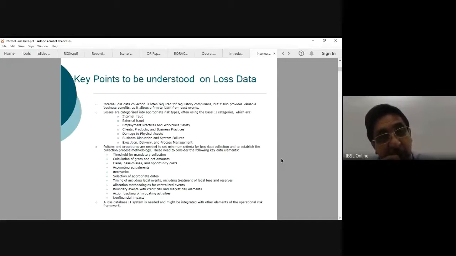Then failed or unsuccessful systems, and failed or unsuccessful people's activities, and external events. So if you take these 4 areas, you should be in a position to categorize all these risk events into these different sources.